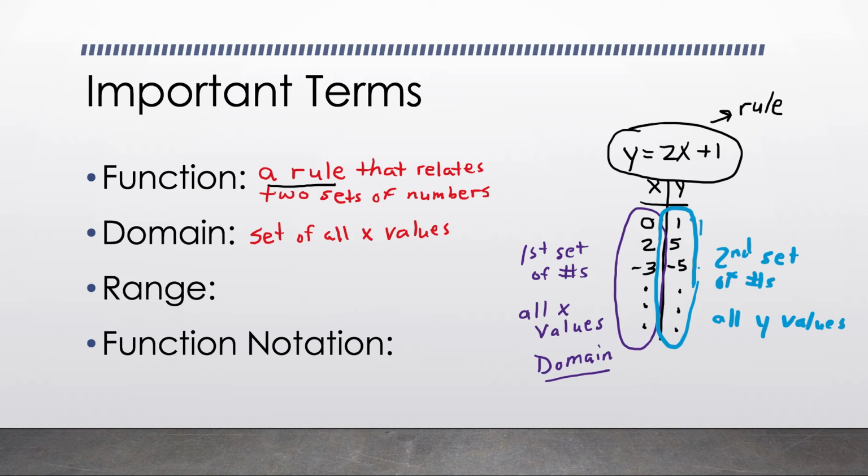And we call the set of all y values the range. So I'm going to put that down for my definition of the range, the set of all y values. So again, a function is a rule that relates the x values to the y values, or the domain to the range.